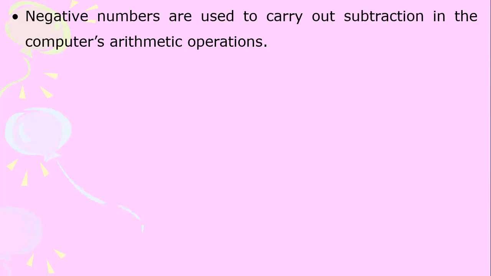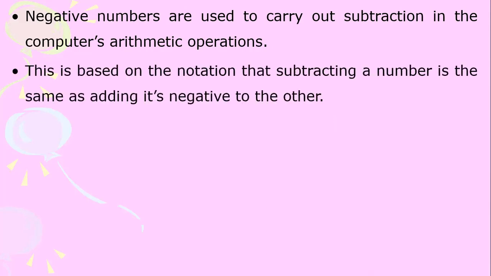Negative numbers are used to carry out subtraction in the computer's arithmetic operations. This is based on the notation that subtracting a number is the same as adding its negative to the other.